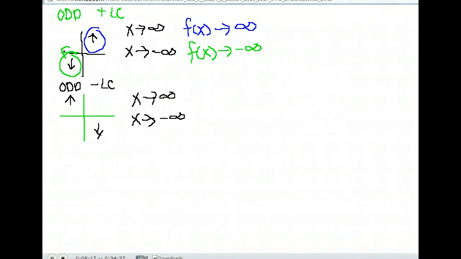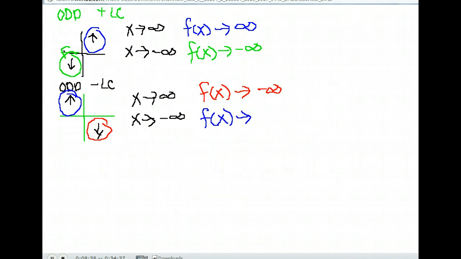Okay, as x goes to positive infinity, which is on the right side, what's happening to f of x is it's going down, or to negative infinity. Okay, and as x goes to negative infinity, or over on the left side of the graph where our negative x's are, what's happening to y? It's going upward, or to positive infinity.